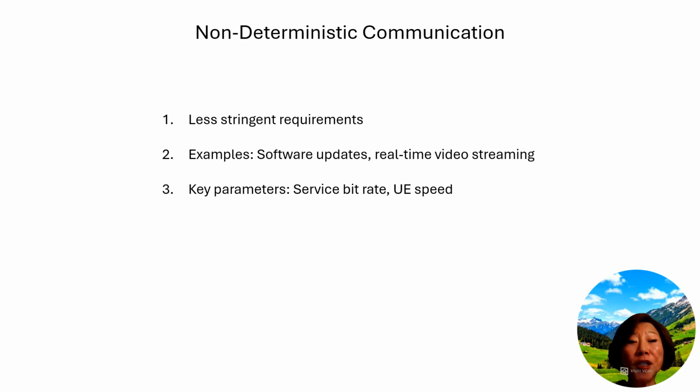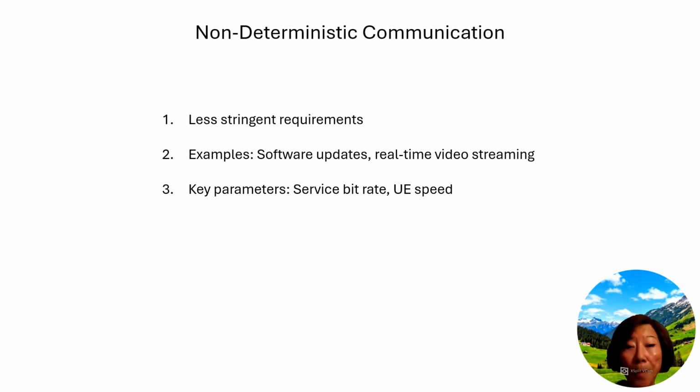The UE speed requirements are particularly relevant for applications like remote-controlled vehicles in factories, where the network needs to maintain connectivity as the UE moves. The 5G system needs to balance the resources given to non-deterministic traffic with those reserved for deterministic traffic.